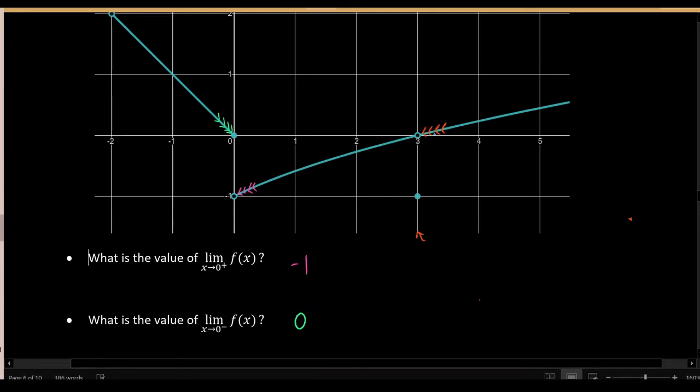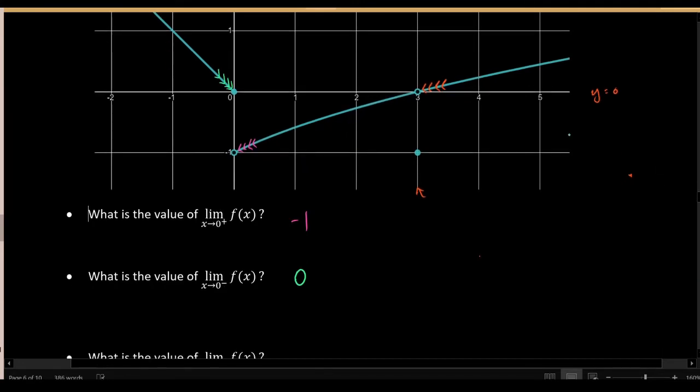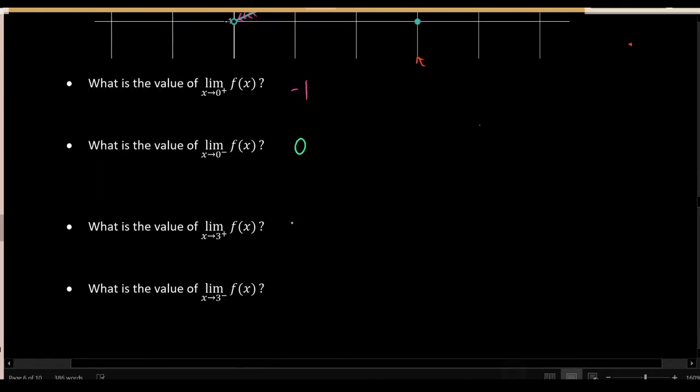So my attention is on these red chevrons. If I follow those red chevrons moving in toward 3 from the positive direction, the y values are getting closer and closer to y equals 0. And therefore, the limit from the right-hand side is equal to 0.